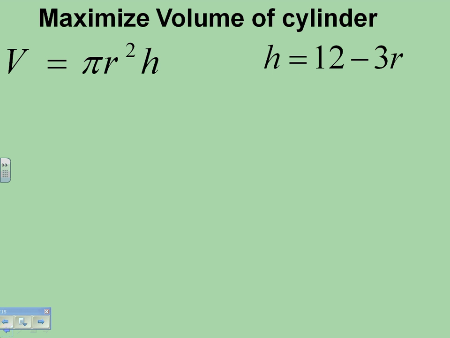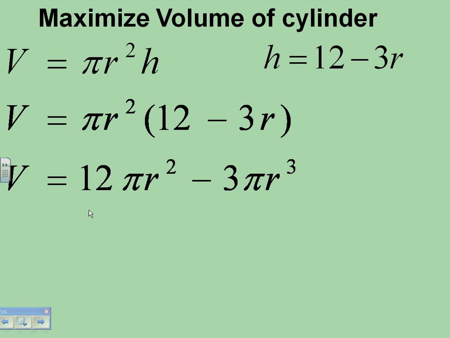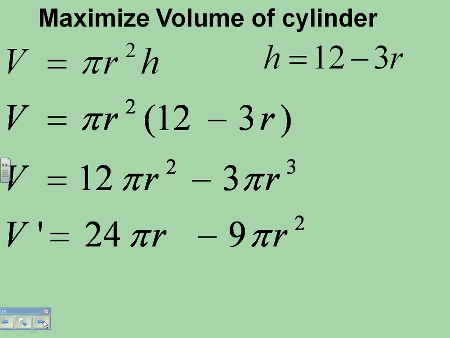So, put that equation in. And then I'll probably multiply it out, or you can just do the product rule. Makes no difference. I took the derivative, 24 pi r minus 9 pi r squared. And once you take the derivative, set it equal to 0, divide and factor, and you'll be on your way.